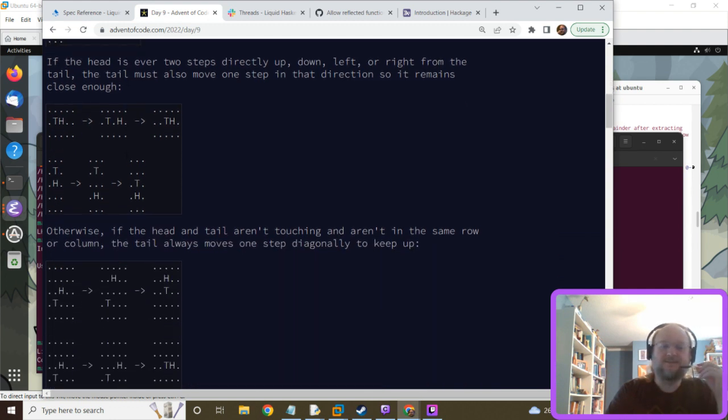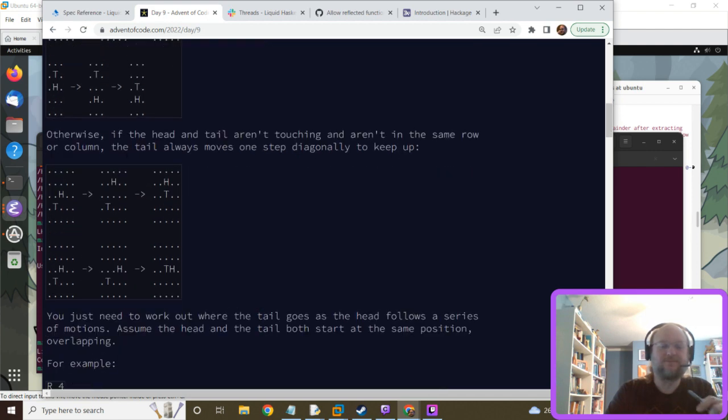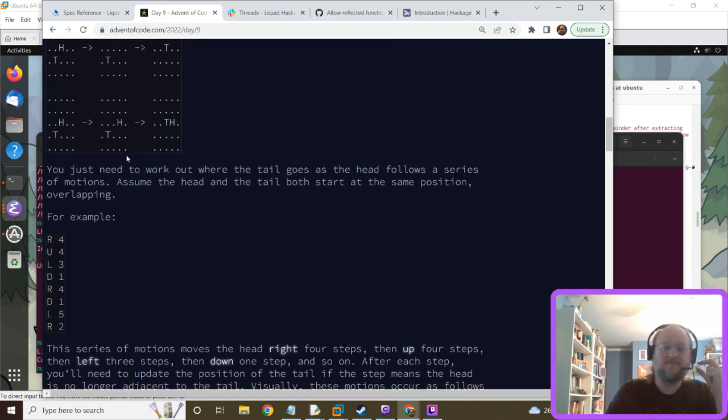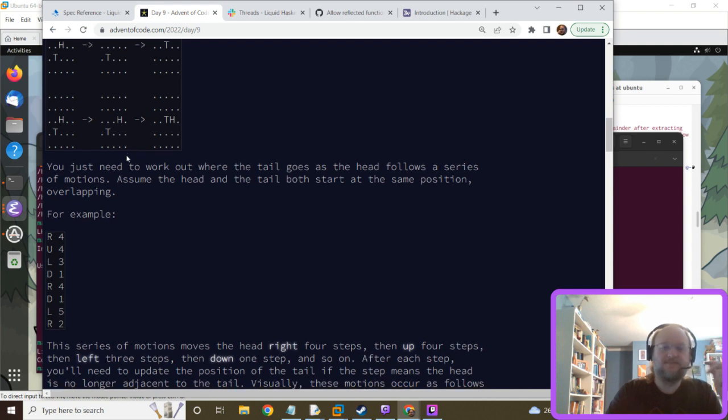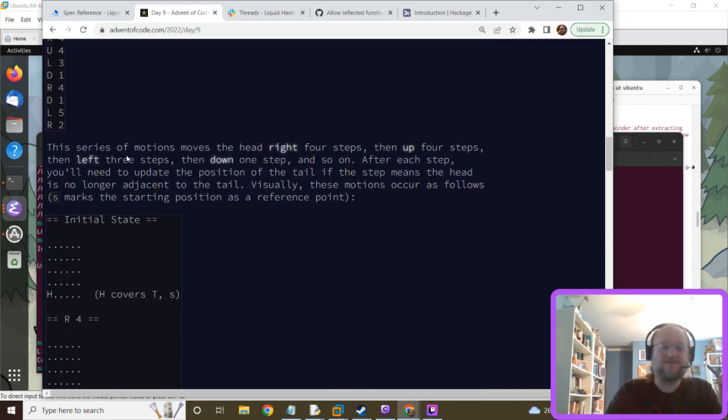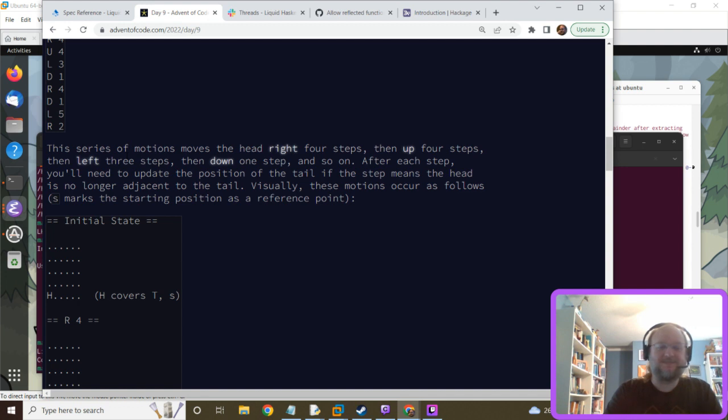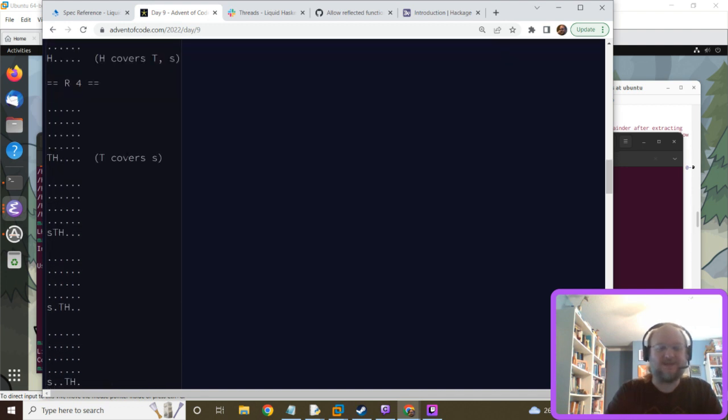So we're moving the head and simulating the tail based on the behavior.